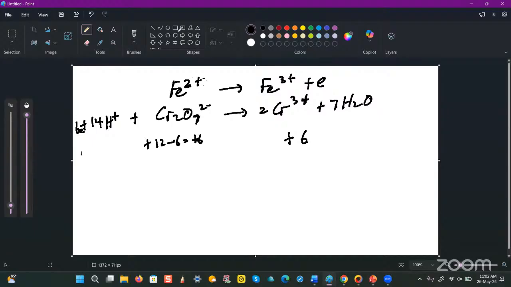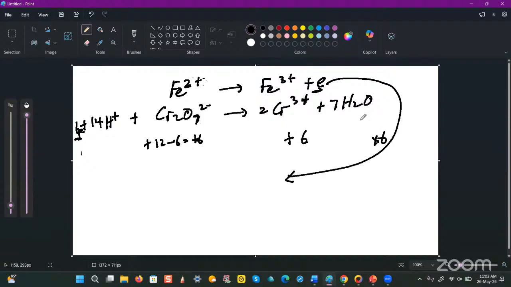Remember I said that in every redox reaction, the number of electrons lost must be equal to the number of electrons gained, right? Now, as we have it right here, that's not the case, because the number of electrons lost here is 1, and the number of electrons gained here is 6, right? So how do we achieve the number of electrons lost and gained being the same? The answer in this case is that we take this equation and we multiply it by 6.